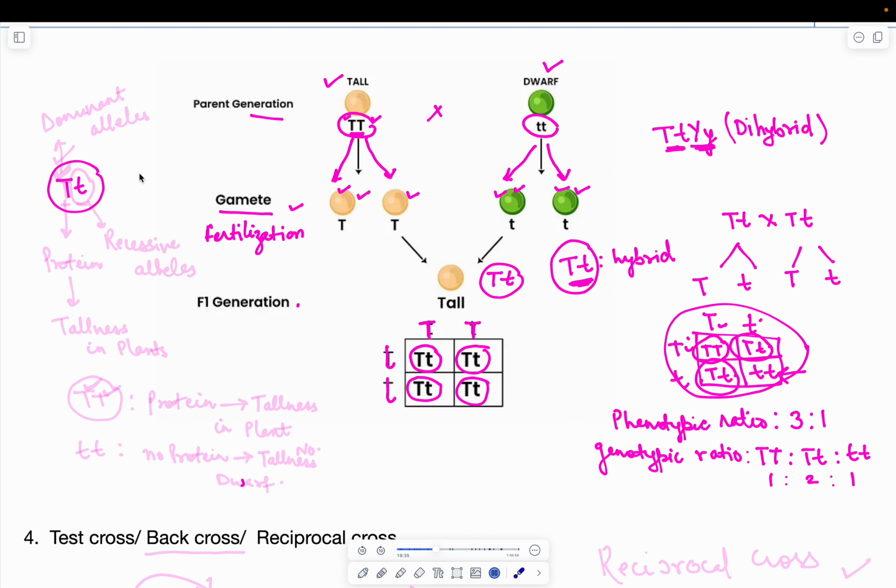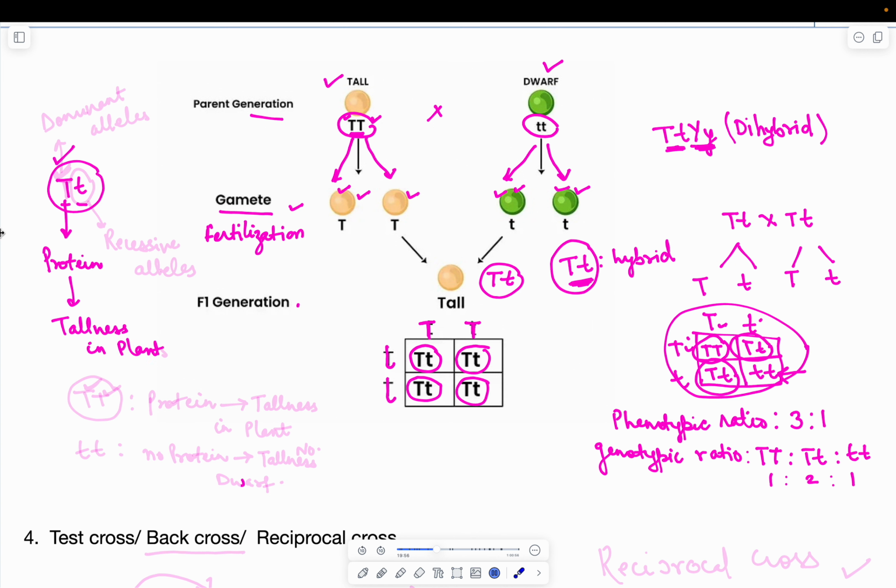Now I'll explain why this hybrid will be tall, right? This individual has two alleles. Dominant allele is the allele which can express. This allele will produce a sufficient amount of protein or a factor which is responsible for tallness in plants.